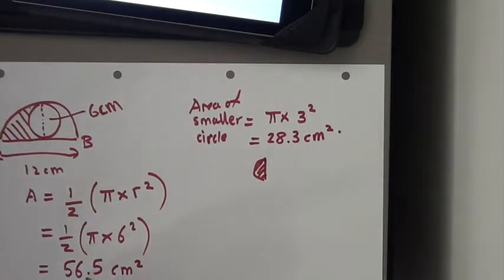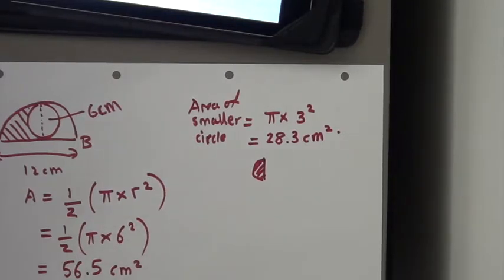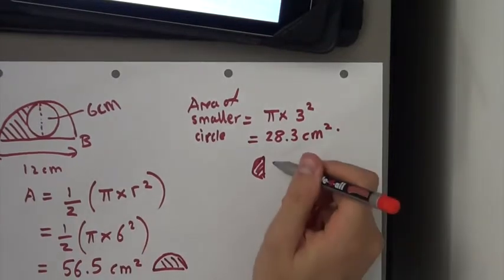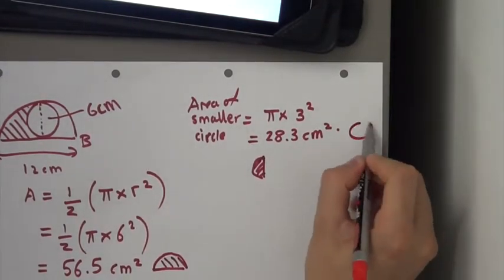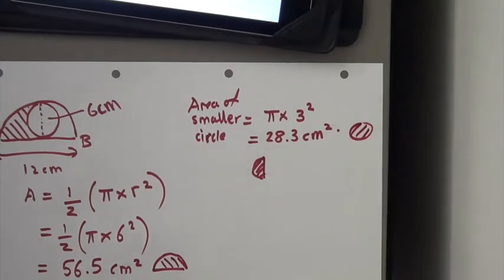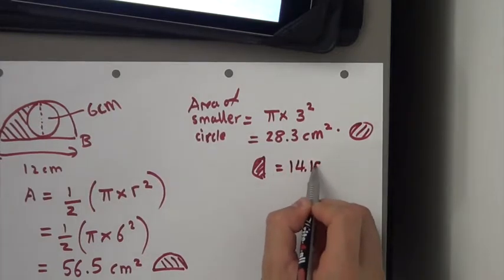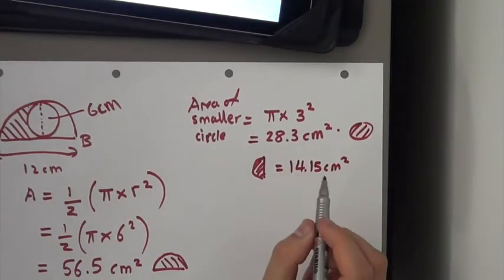So 56.5 divided by 2 equals 28.25 centimeters squared, and 28.3 divided by 2 is 14.15.